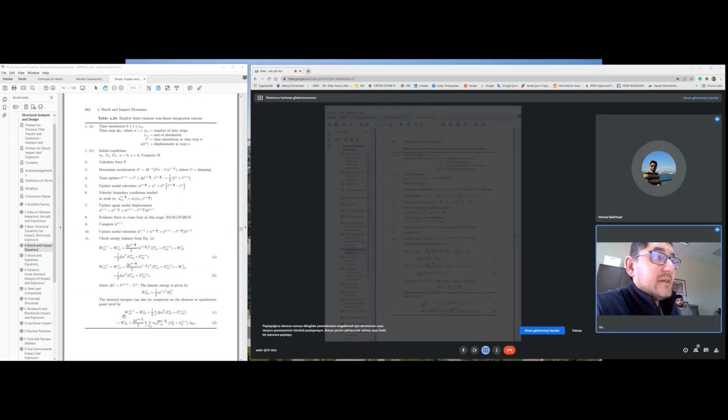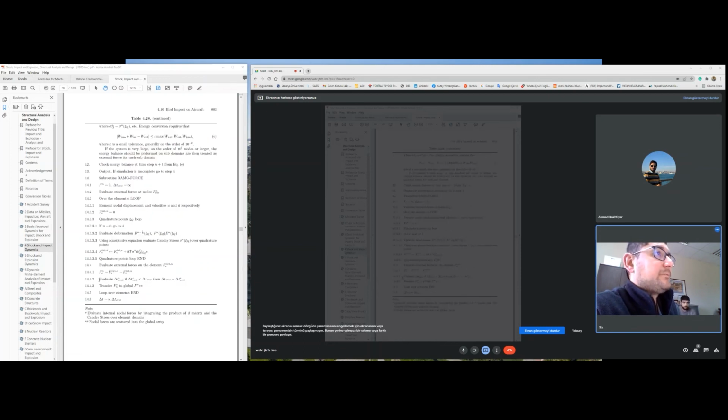It's the same as the algorithm, step by step. You can use this algorithm for creating a code, for example. And the table continues. Because of that, this table is very important.